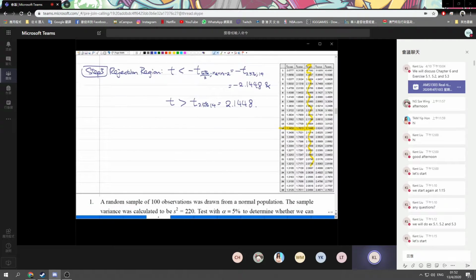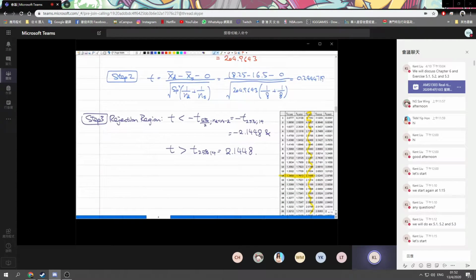Now you have your rejection region and you have your test statistic, so you can state your conclusion. Here is your rejection region, 2.144 something and minus 2.144 something.